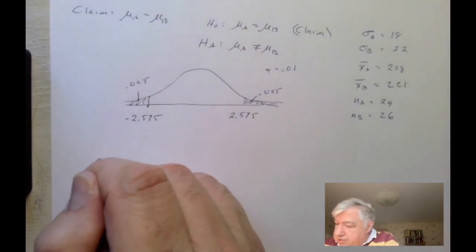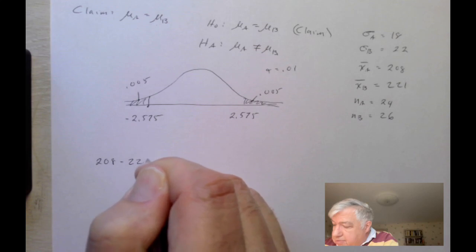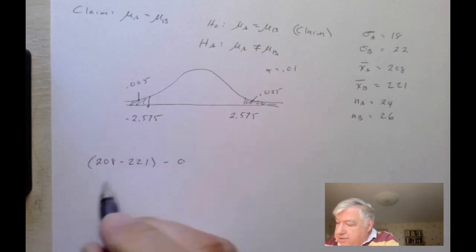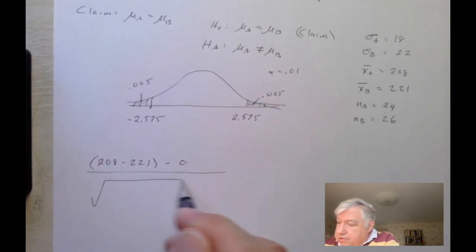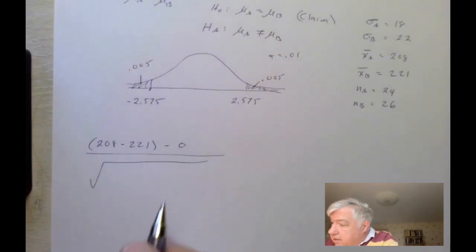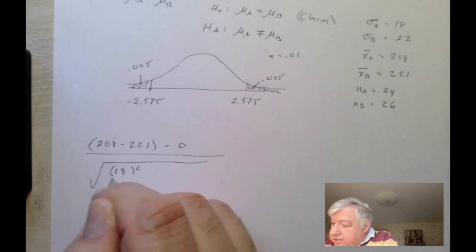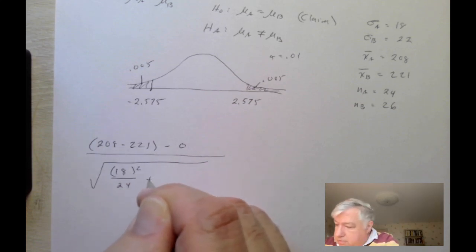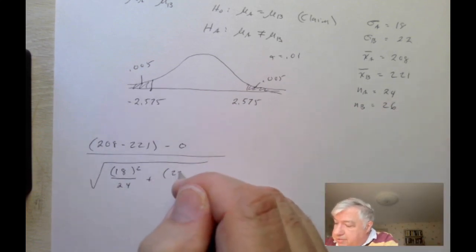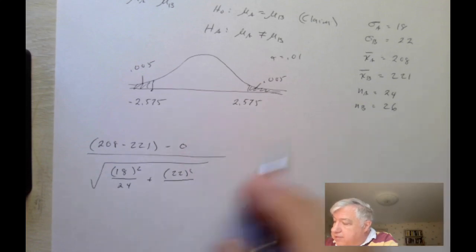So this would be 208 minus 221 minus 0 over the square root of 18 squared divided by 24 plus 22 squared divided by 26.